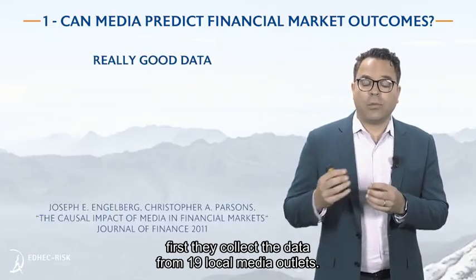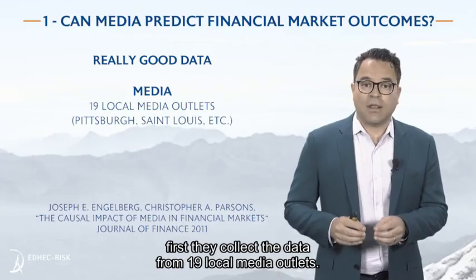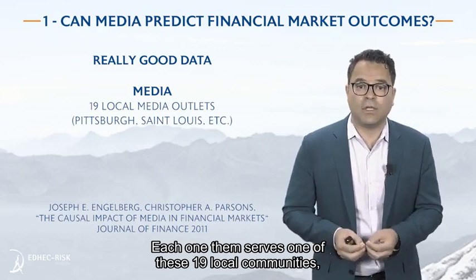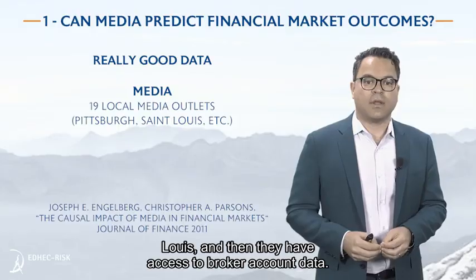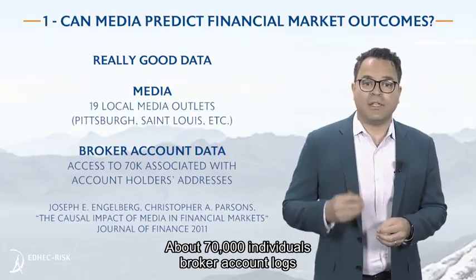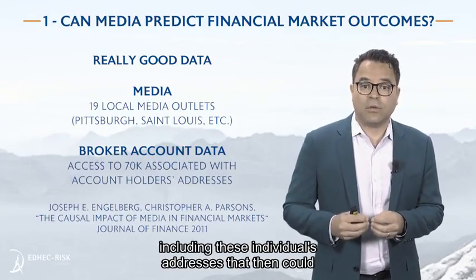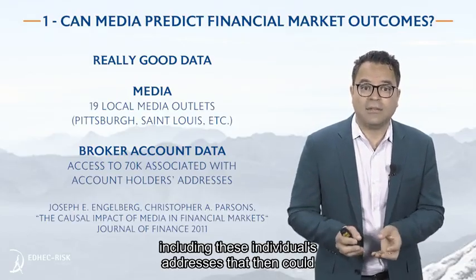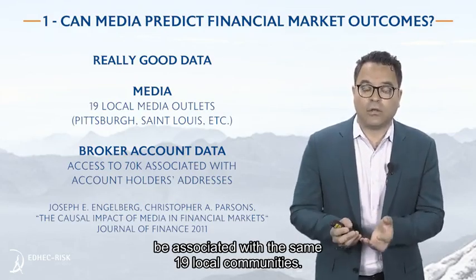First, they collected data from 19 local media outlets, each one of them serves one of these 19 local communities, communities such as Pittsburgh and St. Louis. And then they have access to broker account data, about 70,000 individuals, broker account logs, including these individuals' addresses that then could be associated with the same 19 local communities.